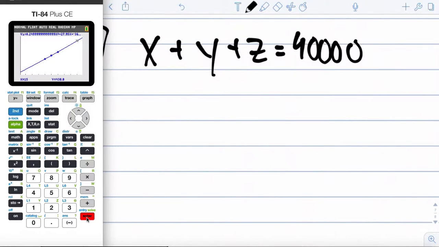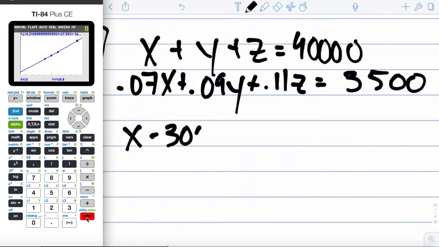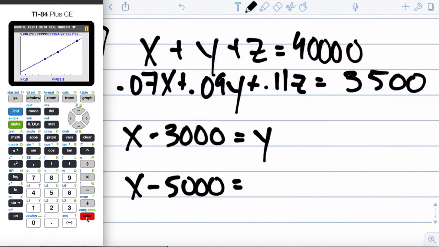The interest for 3 accounts will be 0.07x plus 0.09y plus 0.11z will give me a yield of 3,500. And they also tell me to find the amount placed in each account if the second and third were 3,000 and 5,000 less. In other words, x minus 3,000 equals y, and x minus 5,000 is equal to z.